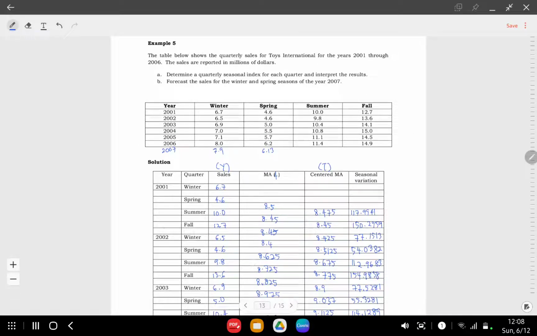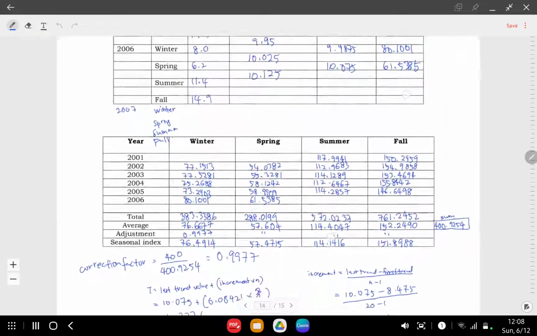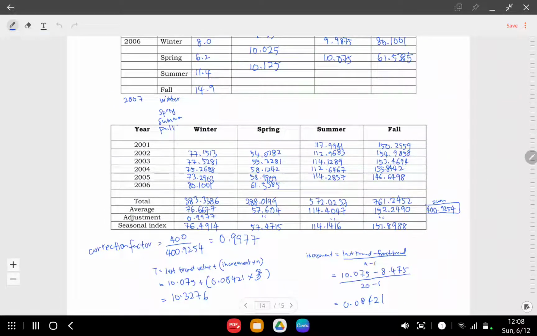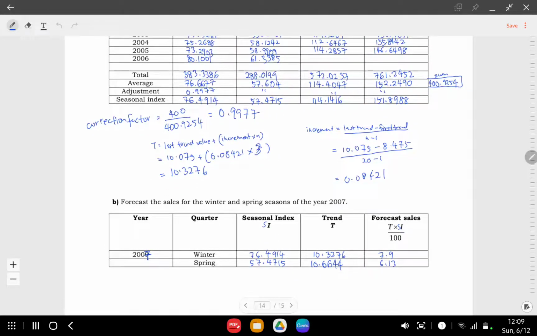Okay, so that's how we conduct this method using a moving average. First, we find the trend value and seasonal variation, and then we found the seasonal index in this table, and then how to calculate the increment, correction factor, and the forecast, and how to forecast the trend value and the sales.